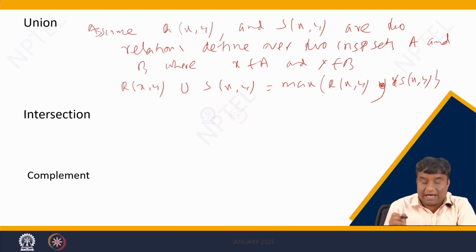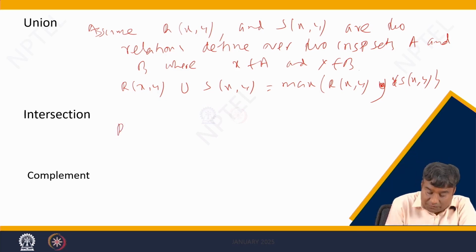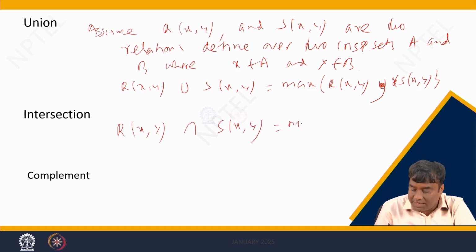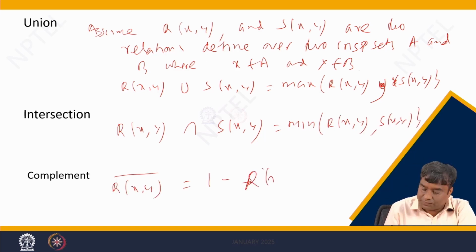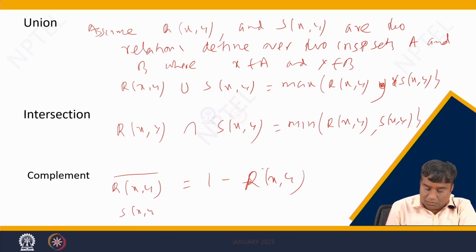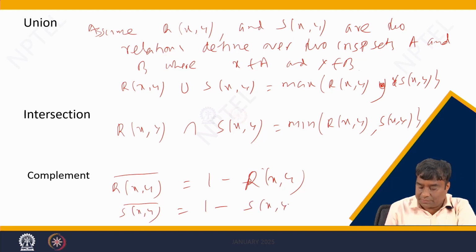Similarly, the intersection of R(x,y) and S(x,y) is equal to the minimum of R(x,y) and S(x,y). The complement of R(x,y) is equal to 1 minus R(x,y). Similarly, the complement of S(x,y) is equal to 1 minus S(x,y).